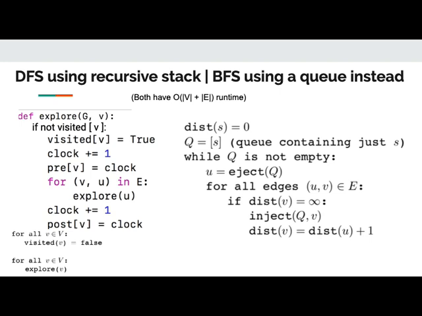This is the algorithm to calculate pre-order and post-order. On the right is the algorithm for breadth first search, BFS. Depth first search uses a stack, and BFS uses a priority queue.